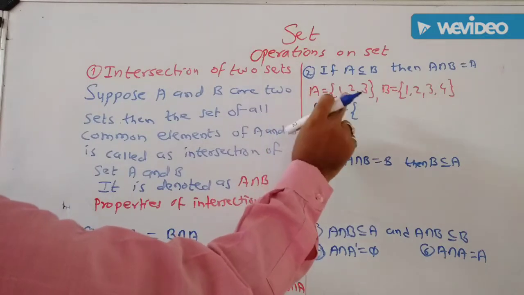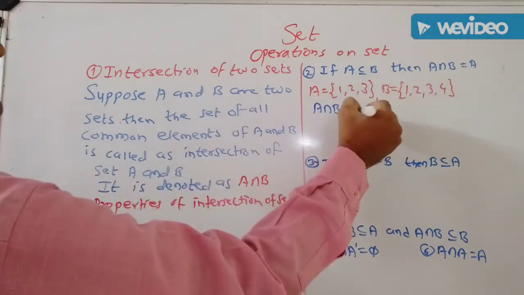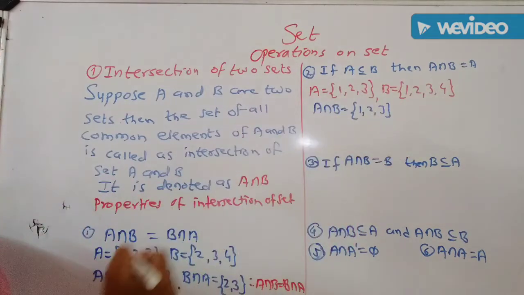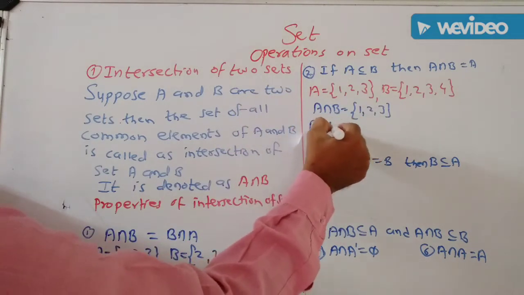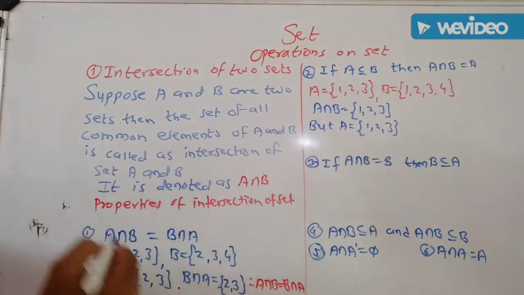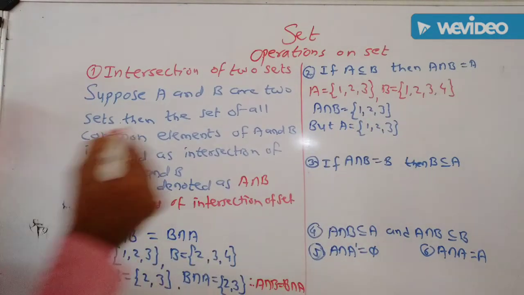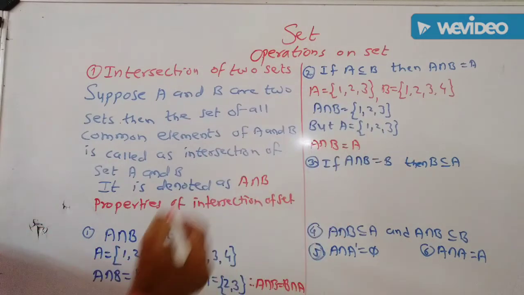The common elements are 1, 2, 3. Therefore, A intersection B is {1, 2, 3}. But {1, 2, 3} is the given A. Therefore, we can say the property as A intersection B is equal to A.